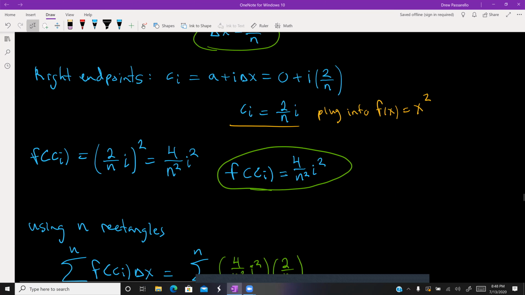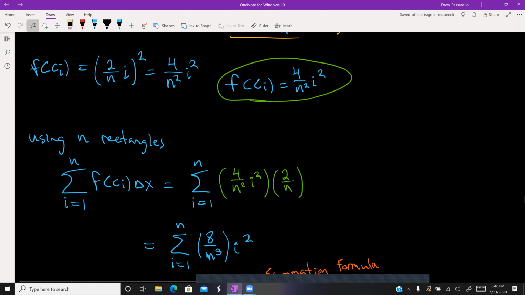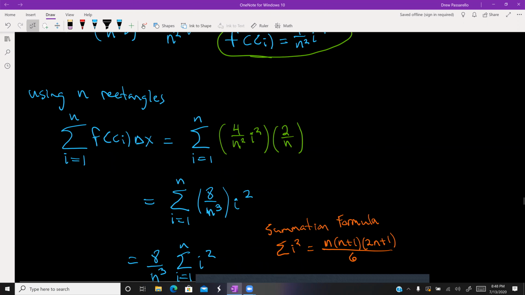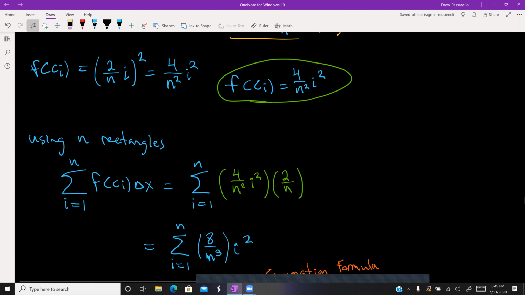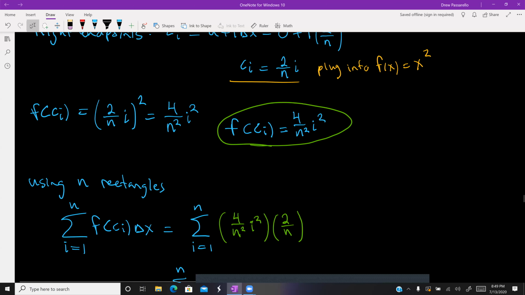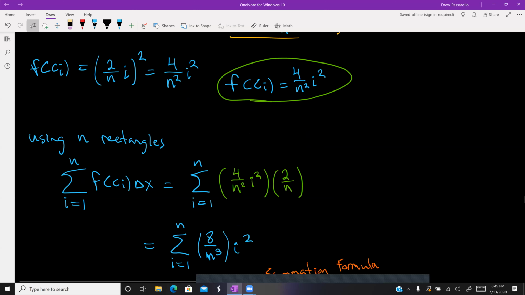So I plugged those values into the formula for Riemann sum, just like I was doing in the previous video. It's just now we have n that we're dealing with. So plugging it in, we have our f of ci is the 4 over n squared times i squared, and then the delta x value is 2 over n. So then it comes a matter of simplifying this.